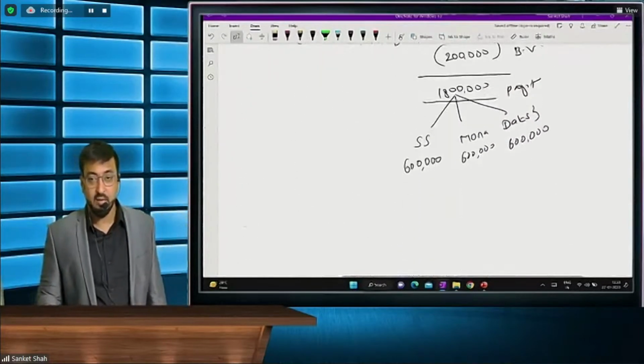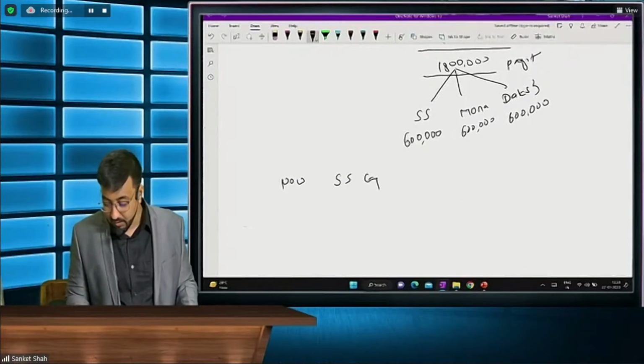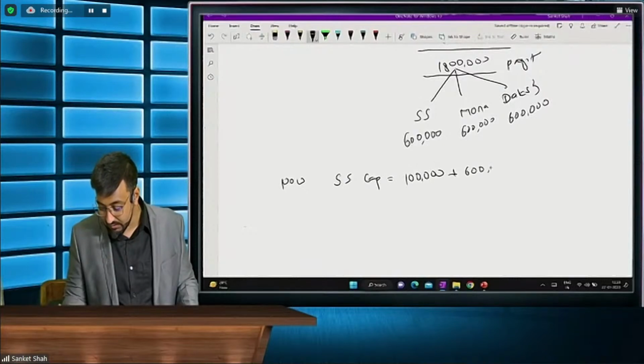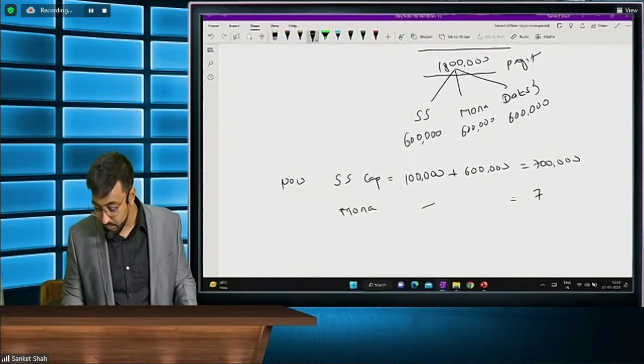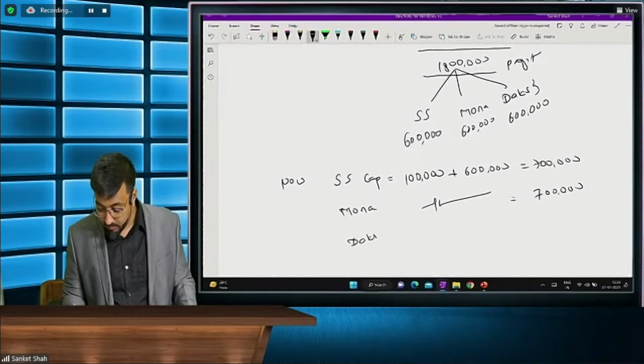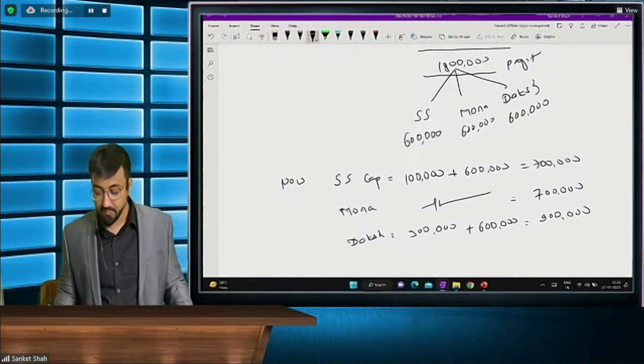Okay. Now, SS capital 1 lakh plus 6 lakhs, 7 lakhs, after profit transfer. Mona, same. And Daksh, 3 lakhs plus 6 lakhs, 9 lakhs.